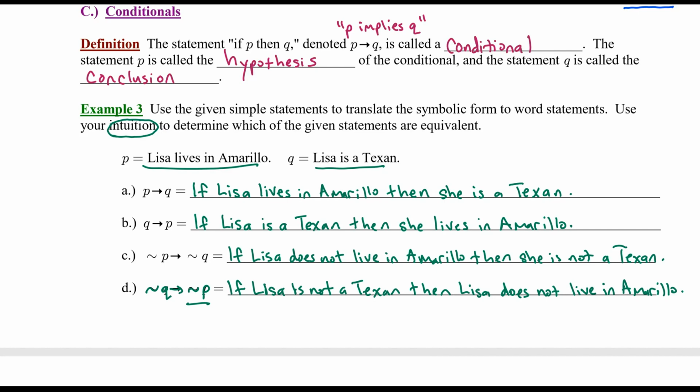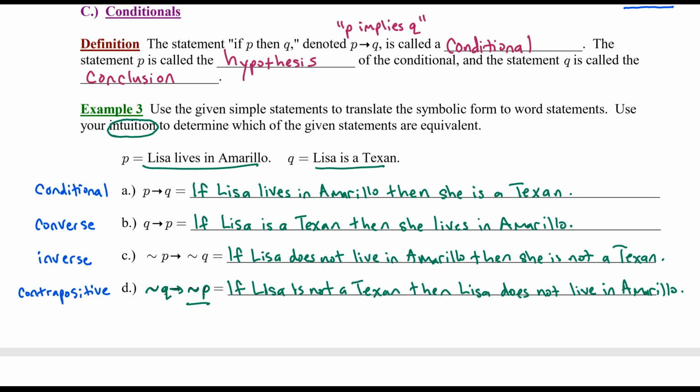So we've just gone through what's called the four variations of the conditional. Part A is your original conditional. Part B is the converse, which we discovered is not equivalent to the conditional. Example C is the inverse. And example D is known as the contrapositive.